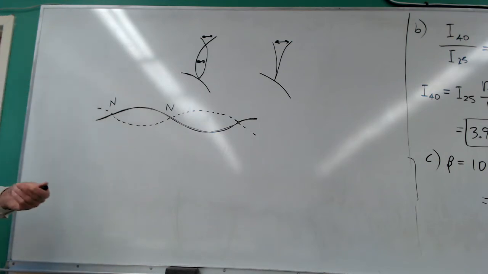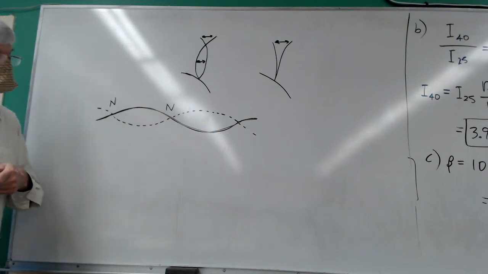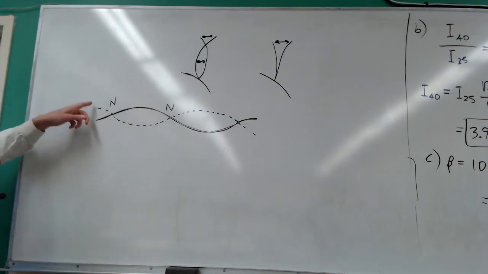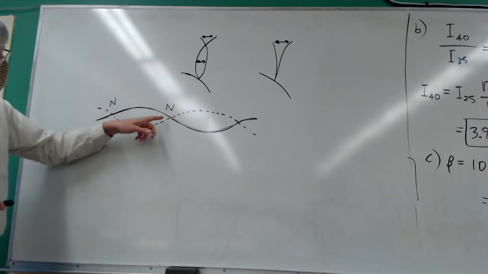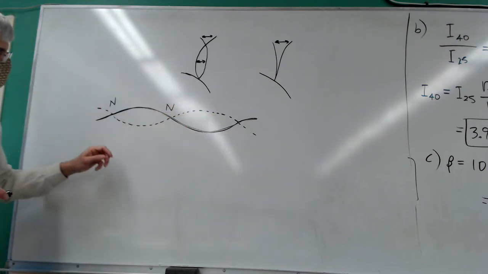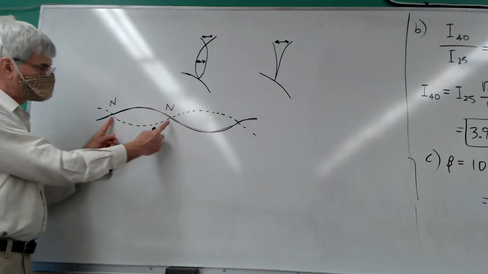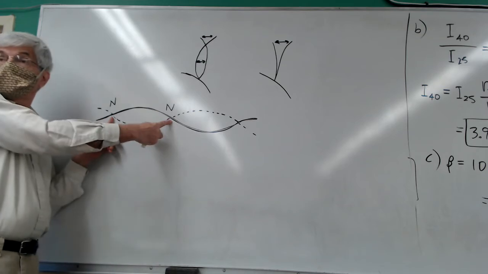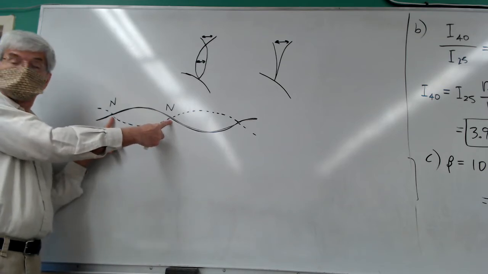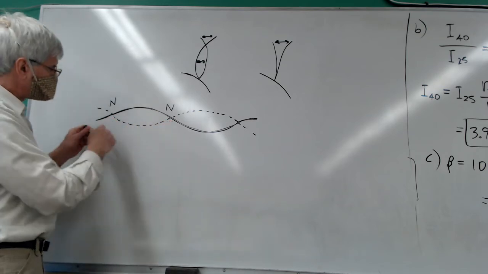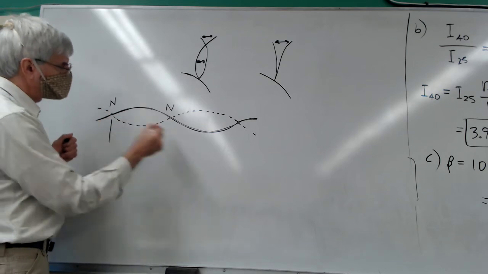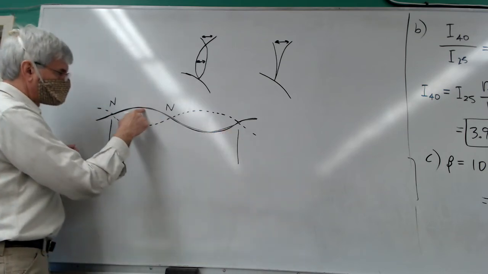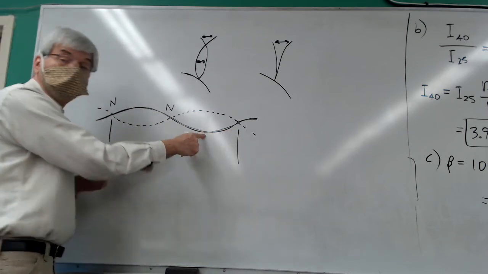Or if you took the photograph half a period later, then what you'd see would be the dashed line. Notice that from here to here is only the top half of the wave, okay? One complete wave is from there to there, the peak and the trough.